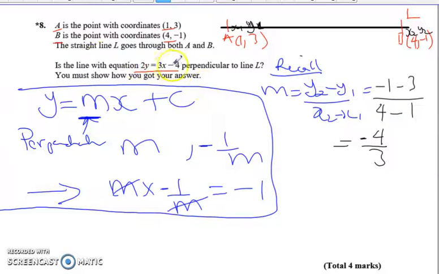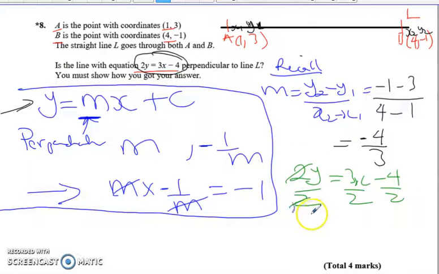Now, as you can see, the second equation is not in this form yet, so it will be difficult for us to compare the gradients. So we'll need to rewrite this. Rearrange the second equation so that you've got that form, y equals mx plus c. So we will be dividing through by 2.